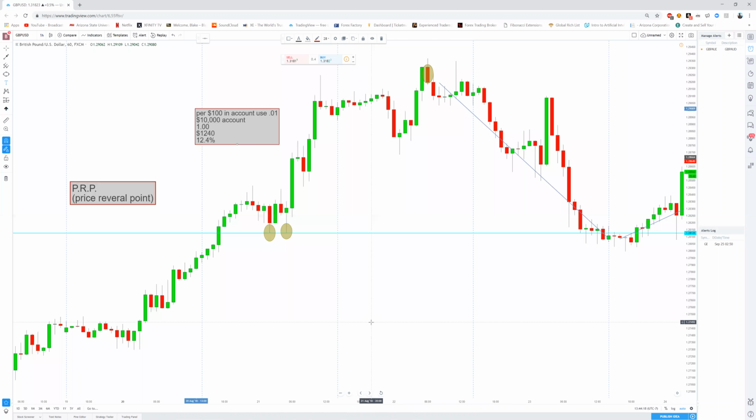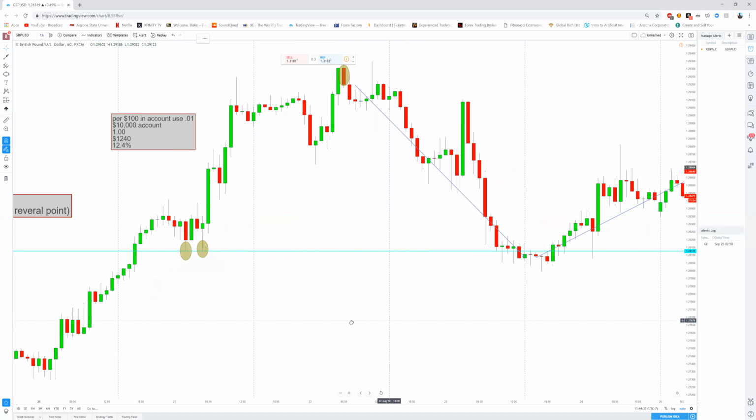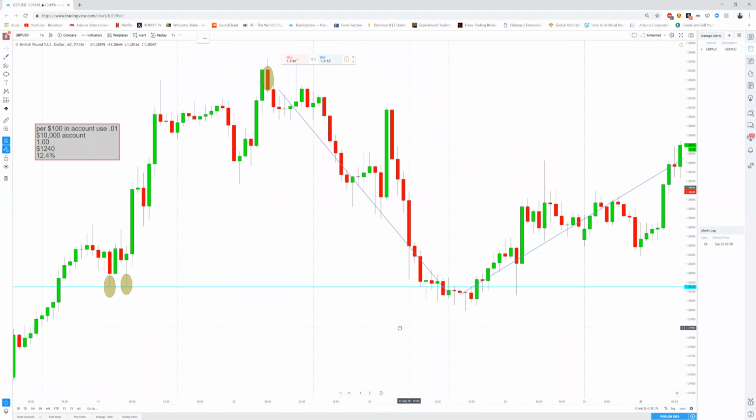We can talk about stop profits in just a little bit when we look at the Australian dollar versus US dollar, and I'll explain how to use a stop profit with that, which is something that you definitely want to implement into your trading style if it's something that you're open to.